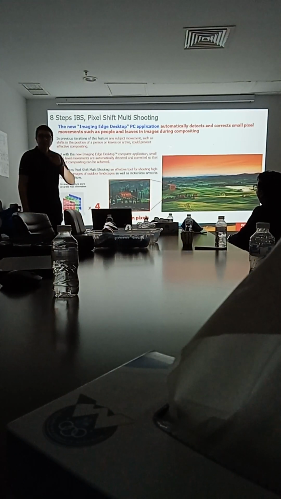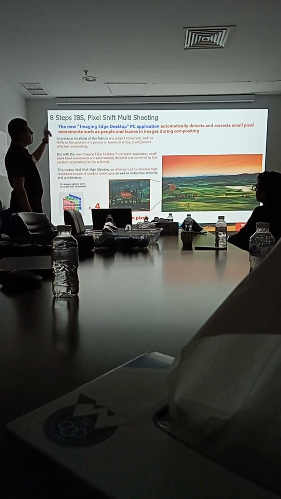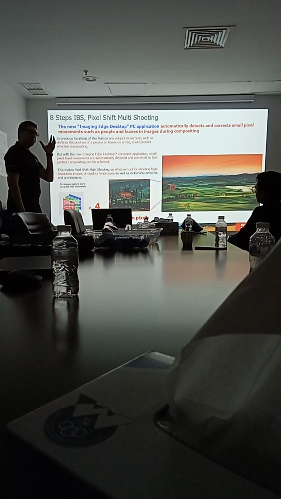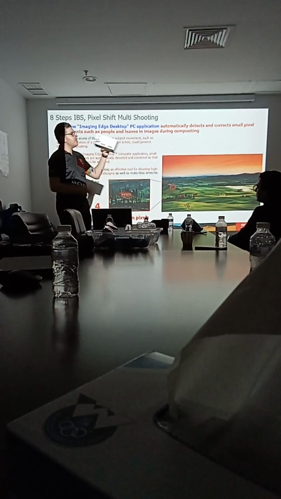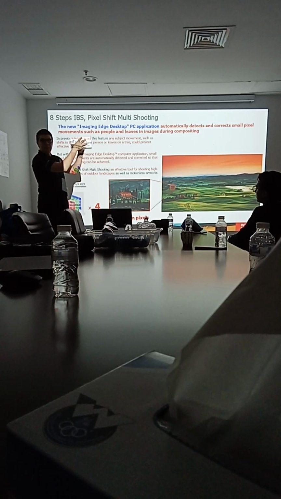One more advantage of the Alpha 7R Mark V is pixel shift multi-shooting. Pixel shift multi-shooting is, let's make it a little bit simple. Let's imagine this is the sensor area, right? And it's 61 megapixel. Good. You ask the camera to take one photo, so it's 61 megapixel, correct? But you ask the camera to take 4 photos combined in one.